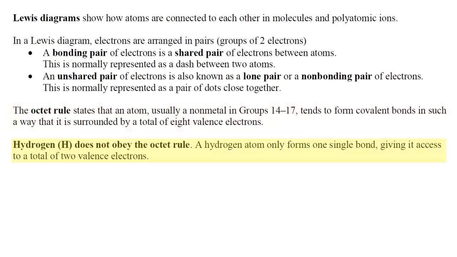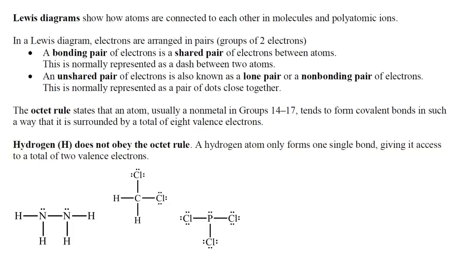Hydrogen does not obey the octet rule. A hydrogen atom only forms one single bond, giving it access to a total of 2 valence electrons. Here are some examples of what Lewis electron dot diagrams will look like for molecules and polyatomic ions.